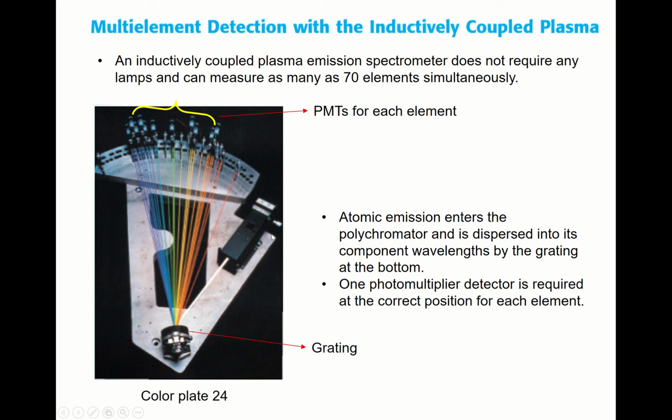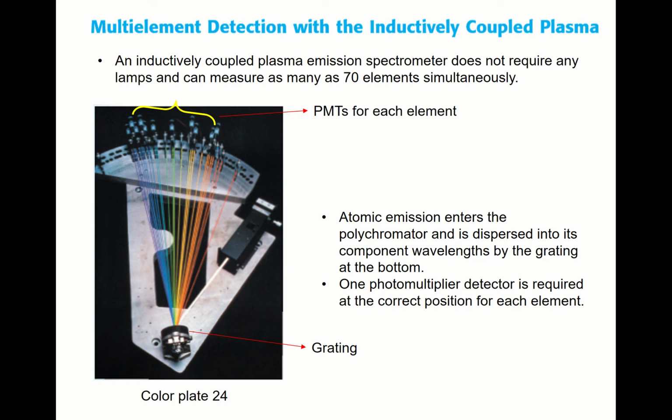Here, the emission line from the ICP instrument comes from this side and enters through this one, and this is the polychromator, and then it hits this grating. Depending on the wavelengths, let's assume you have a sample that contains many elements.